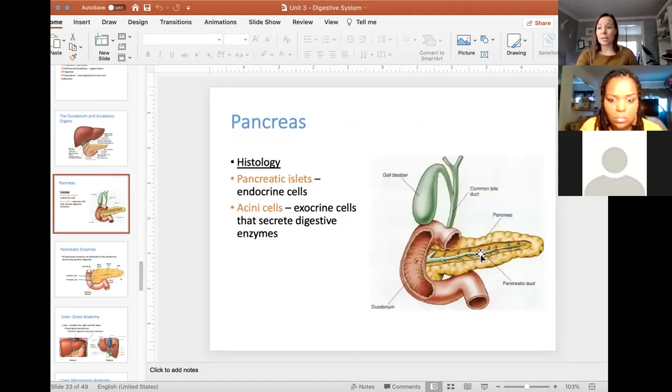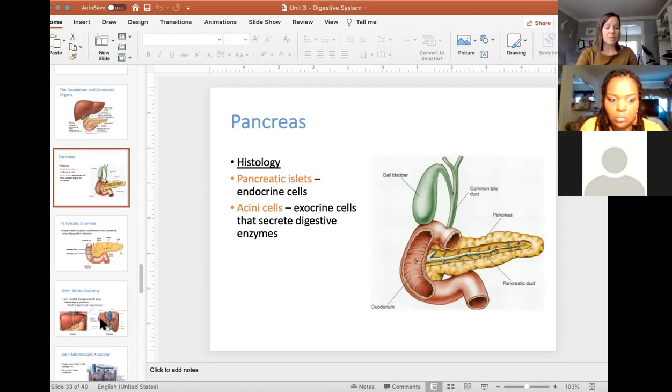But the pancreas is really important because this is what secretes almost all of the digestive enzymes that are chemically breaking down food molecules. And all the enzymes from the pancreas go through this duct right here, this green duct, and that connects to the small intestine. This is the first little piece of the small intestine. So all those enzymes get ducted right into here, and they do their job in the small intestine.